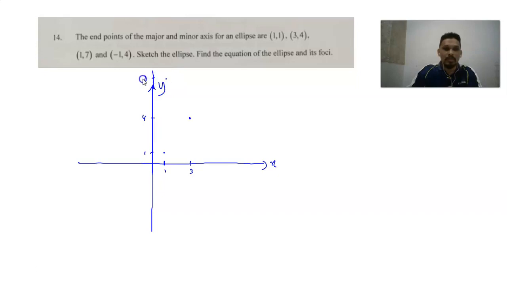And 1 and negative 1, here. Negative 1 and 4, here.